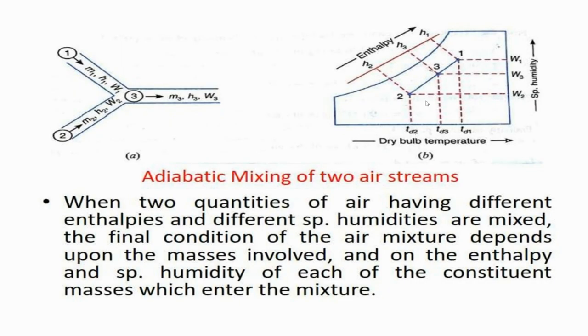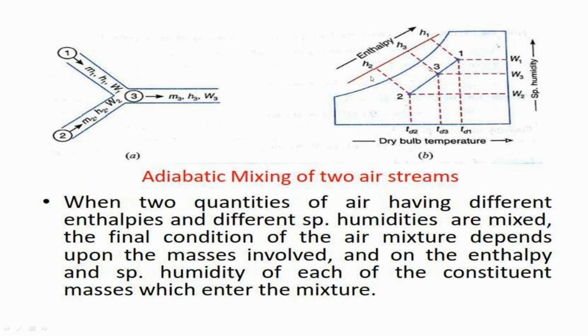So here is one schematic diagram as we discussed. From point number 1 and point number 2, two airs are coming. Air at point number 1 has mass m1, enthalpy h1, and specific humidity w1. Similarly, m2, h2, w2 is mixing at point number 3, which has a different mass, different enthalpy, and different specific humidity.